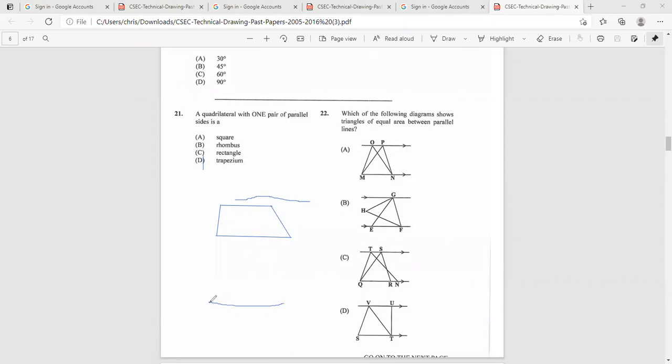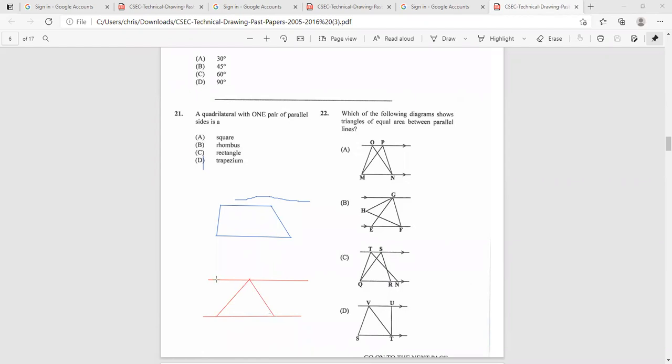So we have a line here, a parallel line here. Let me draw this better. Now, any triangle that is formed, this is one triangle, yeah?